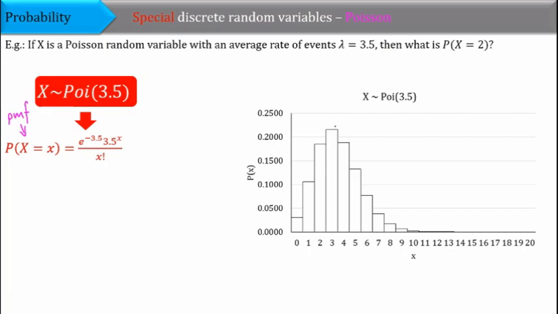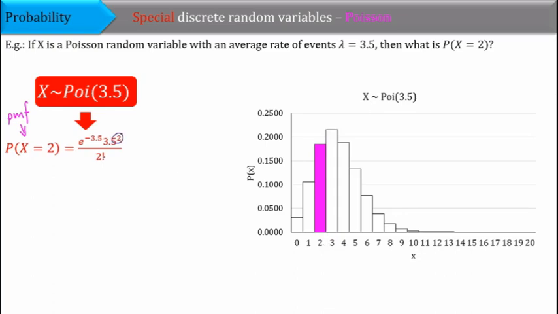You can see here the highest bar is at 3. Of course the highest bar can't be at 3.5 because we are counting events. So if your average is 3.5, it means that the highest bars will be around 3.5, even though x can't be equal to 3.5. Right, and we are interested in the probability of x equal to 2.